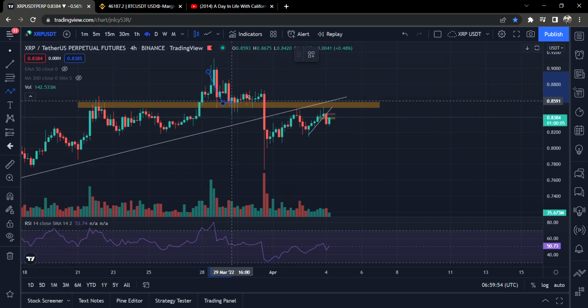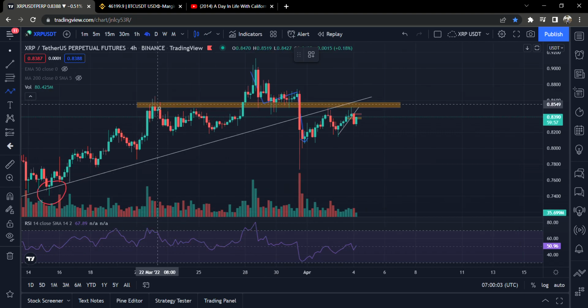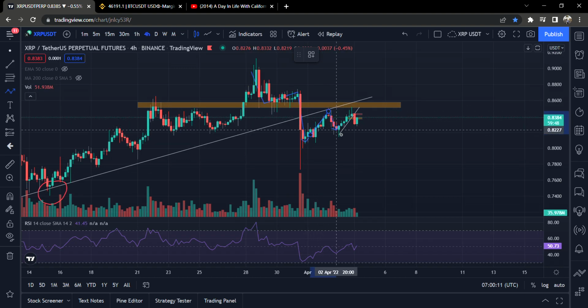I've already told you, breakdown structure right here, and breakdown of this trend line, right? And you can see that this was a resistance. It made a support, and after the break of this support zone, it acted as a resistance zone, and now it is making a double top, right? It has made a double top.